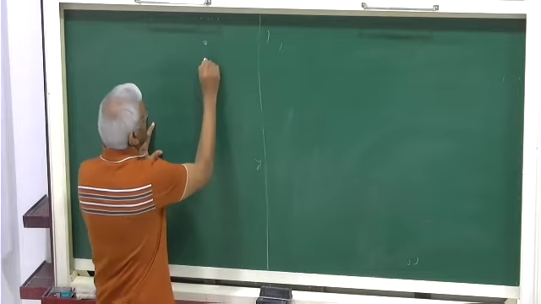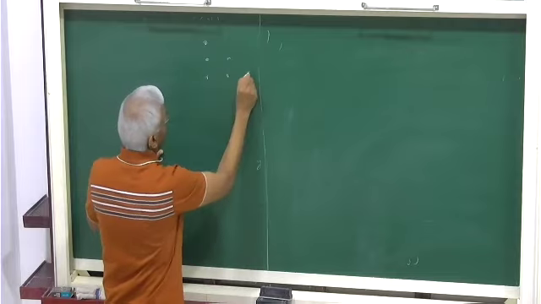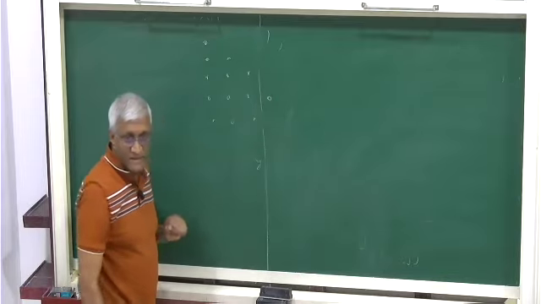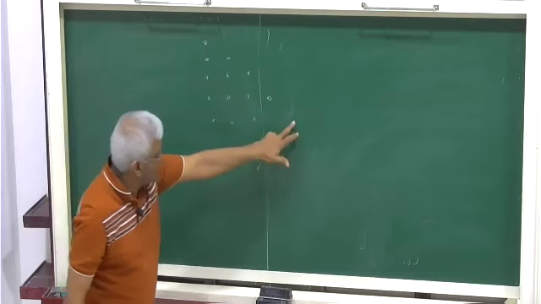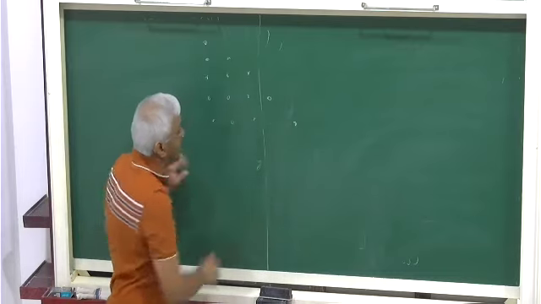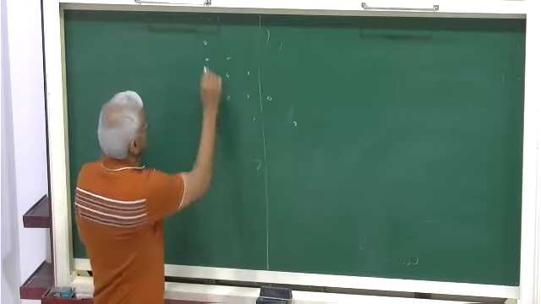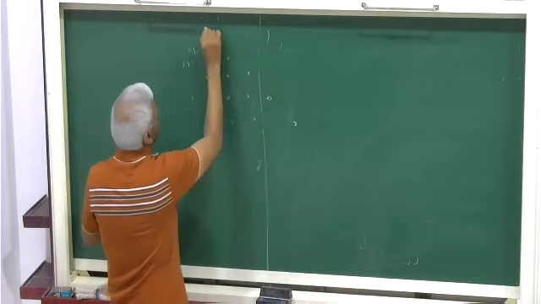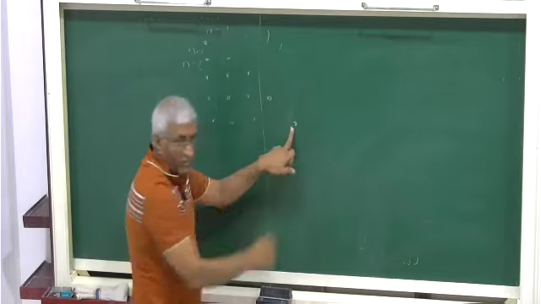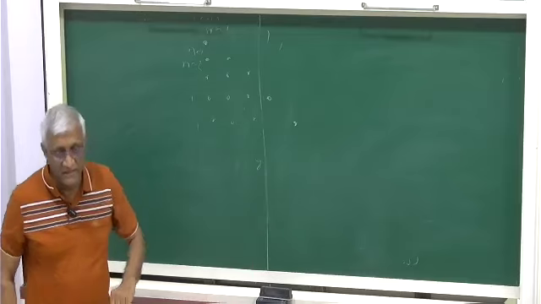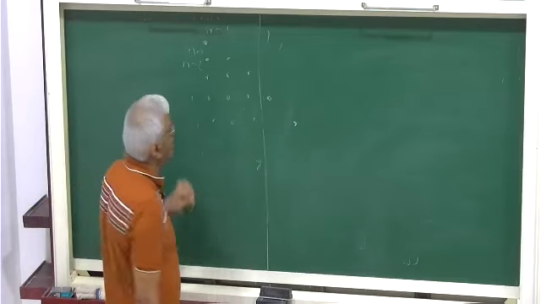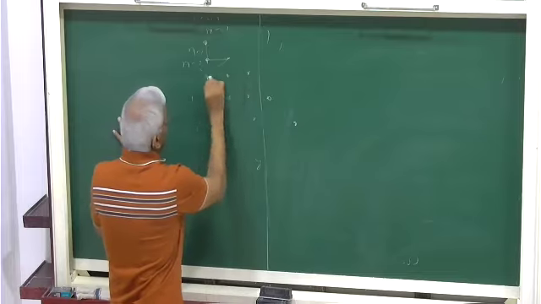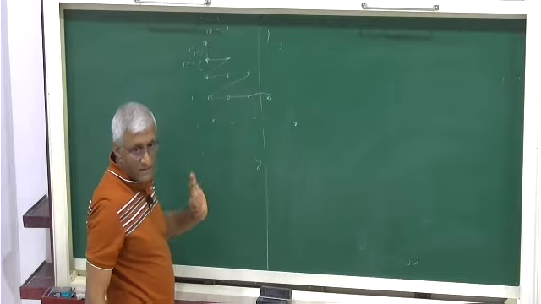So it's like this: for n equal to 1, n equal to 2, like this, and m equal to 1, m equal to 2, up to n. That's the sum I'm saying. When you sum, you first take this and then go like this, then like this. That's what you do.